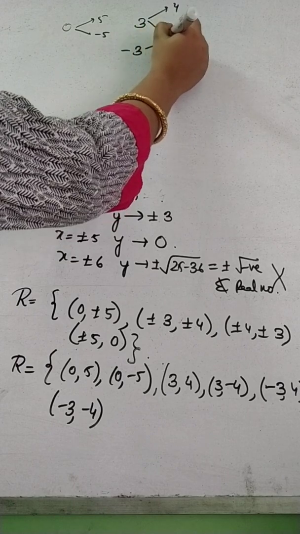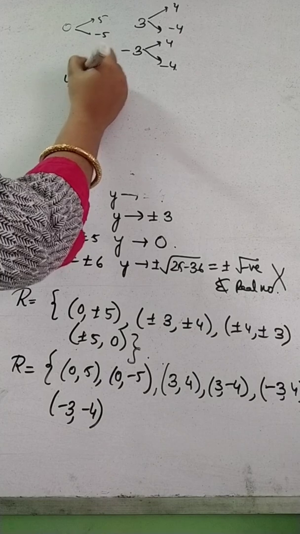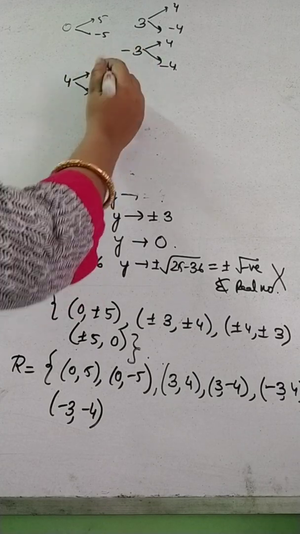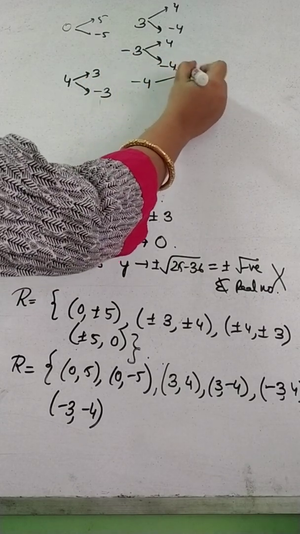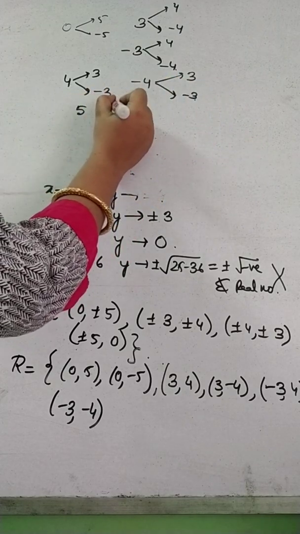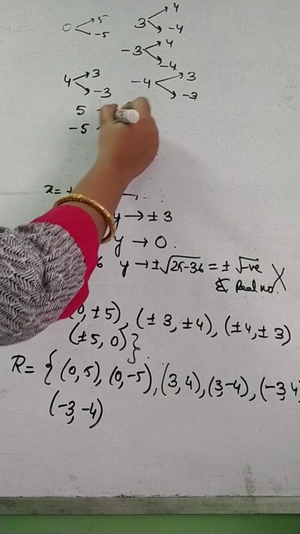Minus 3 also, you will get 4, minus 4, isn't it? When it's 4, you will get 3, 3. When it is 3 and minus 3, sorry, 3 and minus 3. When it is minus 4, then also you will get 3 and minus 3. When it is 5, you will get 0. When it is minus 5, then also you will get 0.